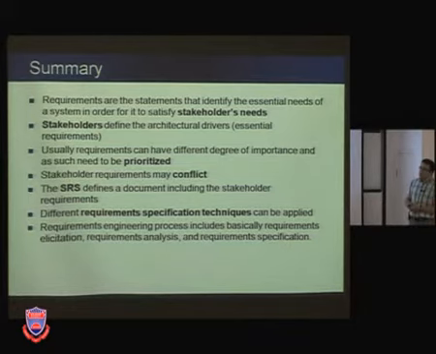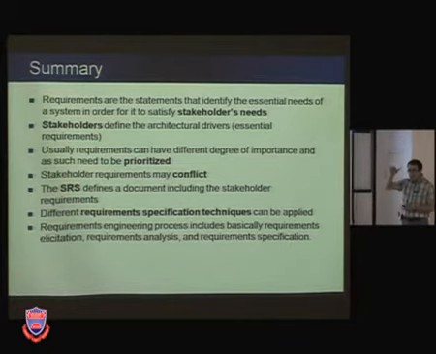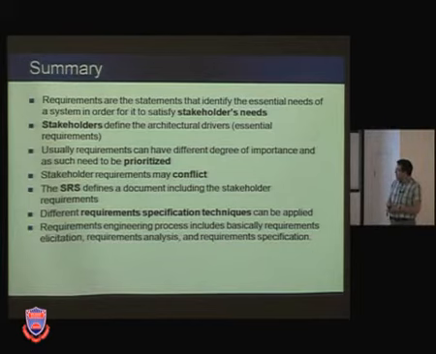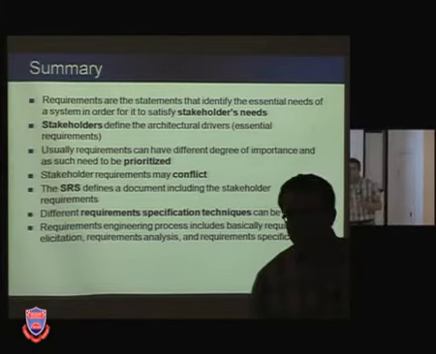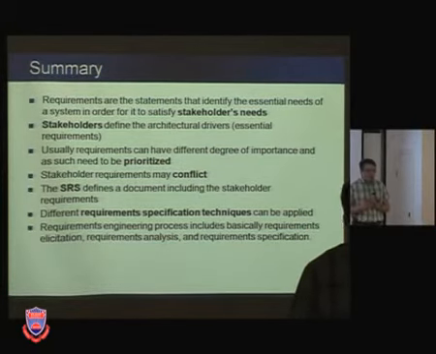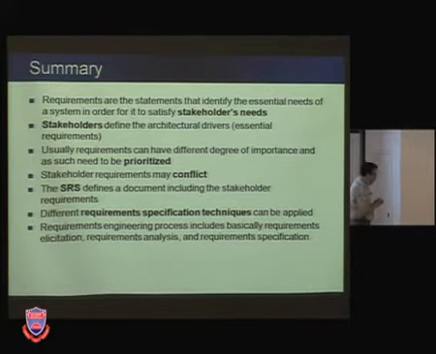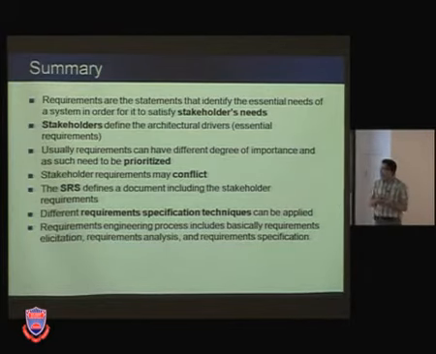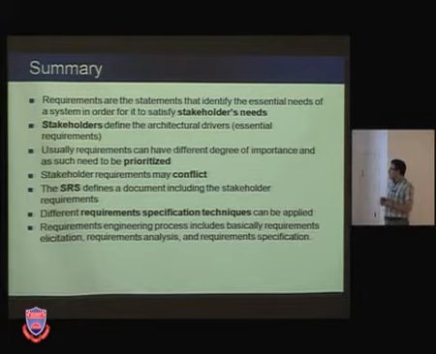Usually they have a different degree of importance, so we have to prioritize these. But unfortunately, stakeholder requirements might also conflict, so an important role of the architect is to resolve these conflicts.